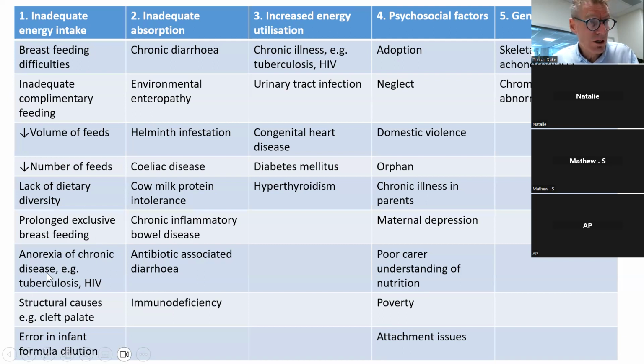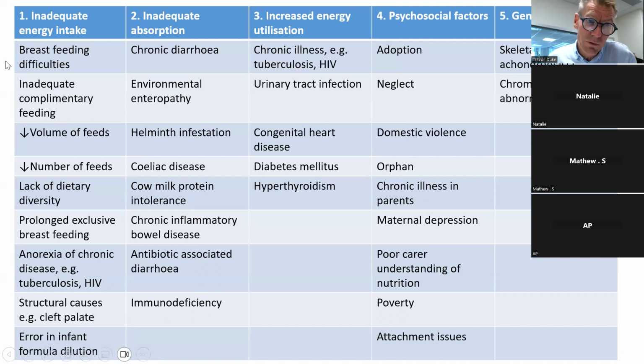Sometimes if a child also has a chronic illness like TB or HIV or any other chronic illness, then they may have anorexia or inadequate absorption of food energy because of that. And sometimes there's structural causes of inadequate energy intake, like a cleft palate. And sometimes when mothers are formula feeding their babies, there'll be errors in the infant formula dilution.